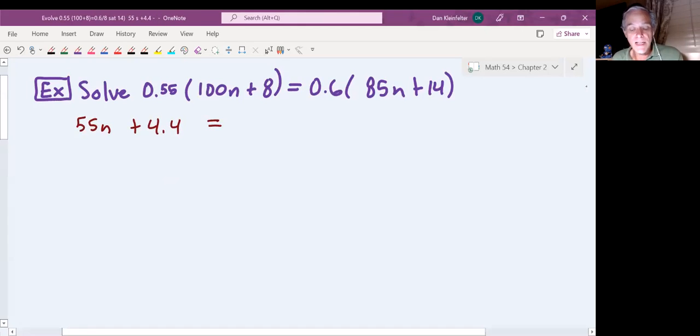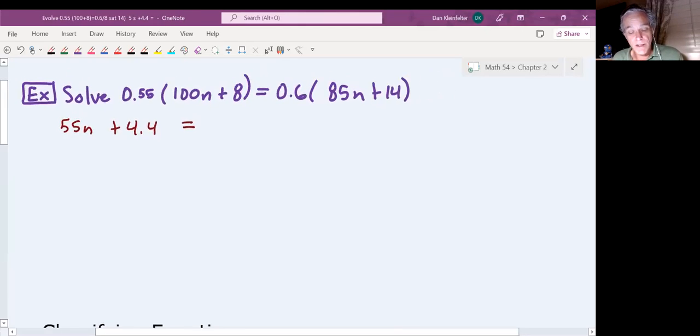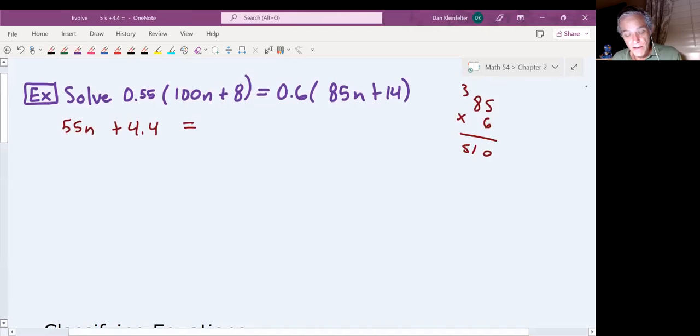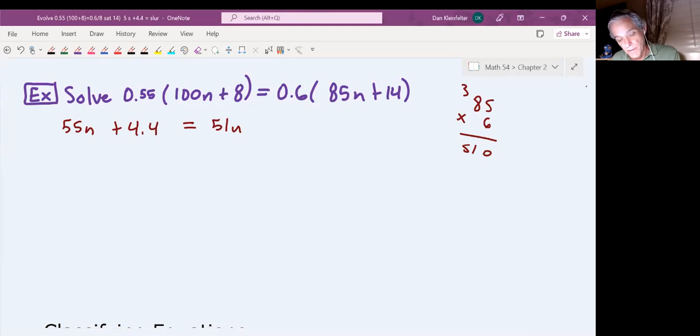And then on the right side, we'll have 0.6 times 85n. So let me do that. So that's 51n. And then 0.6 times 14, that's 8.4.